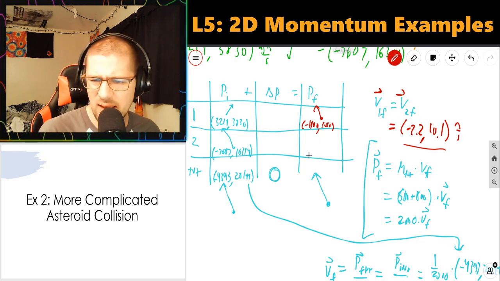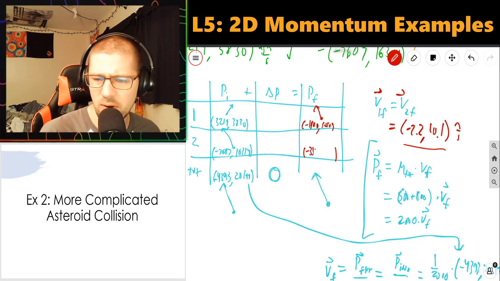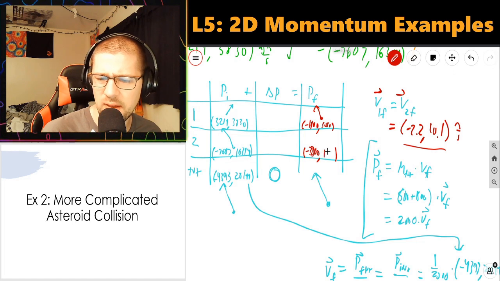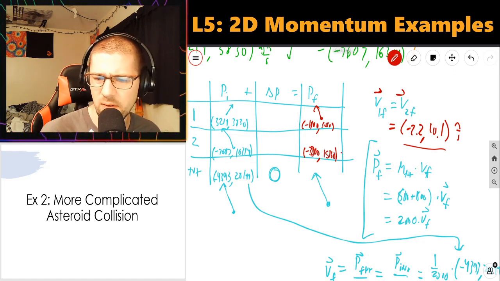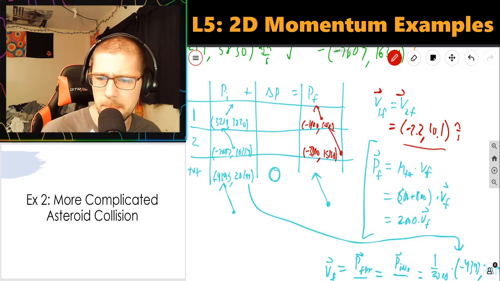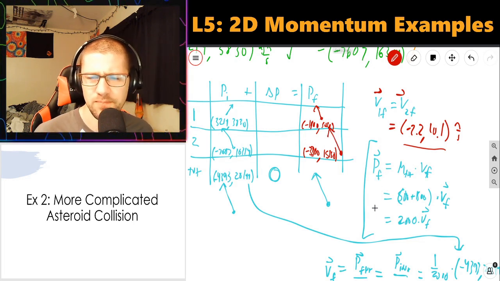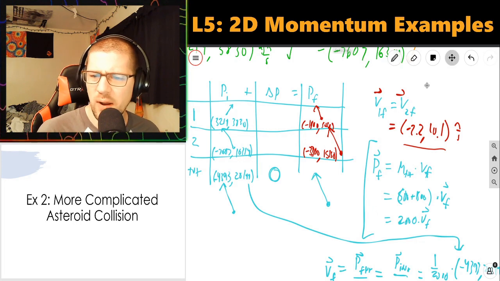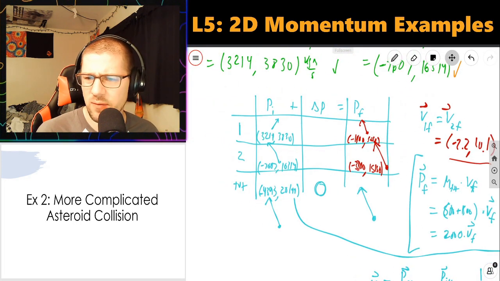For the second asteroid, it's 1500. That'll give me negative 3300 here, and 15150 here. So it's going to be a vector that is 3 times larger and pointing in the same direction. Cool. Last thing I can do if I want is find the change.